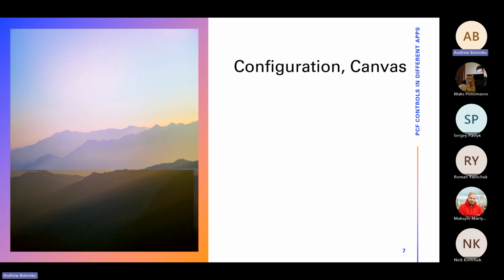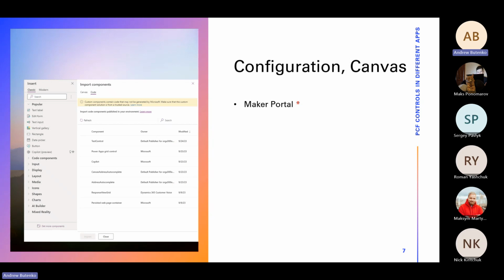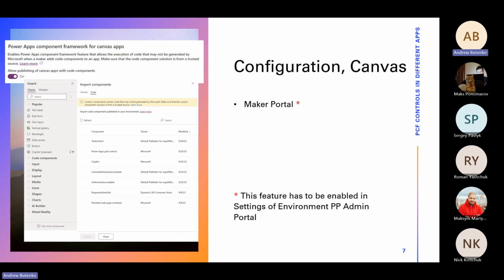And the only way to configure canvas and put it on the form is the Maker portal. One small star: in order to allow adding of PCF controls to your canvas app, you have to activate the feature from the admin portal, and it's located under features of settings of the particular environment. So keep that in mind.